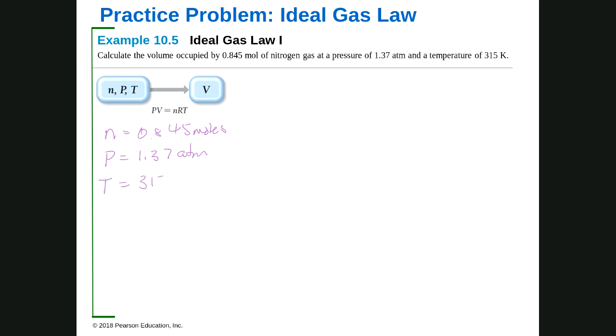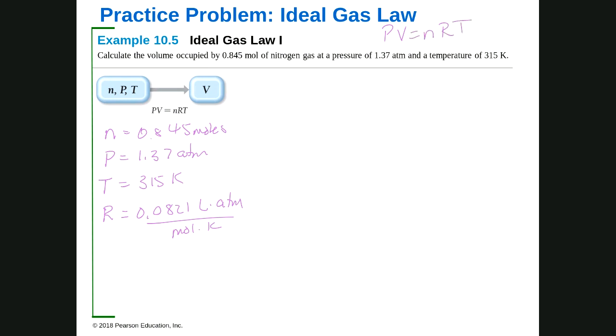Now notice on this first one, I'm taking it easy on you, and I've already got stuff in the correct units. I just described one situation, okay? The other thing I know, which I didn't say on here, is that I know R is 0.0821 liter atmosphere over mole K. So my ideal gas law is PV equals nRT.